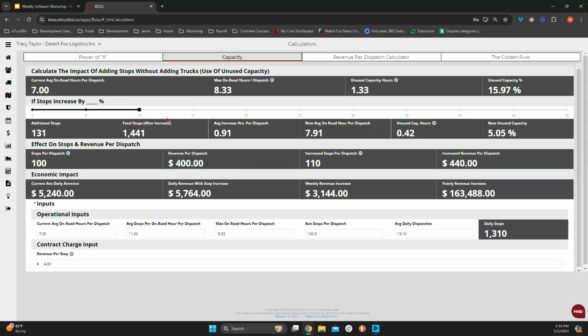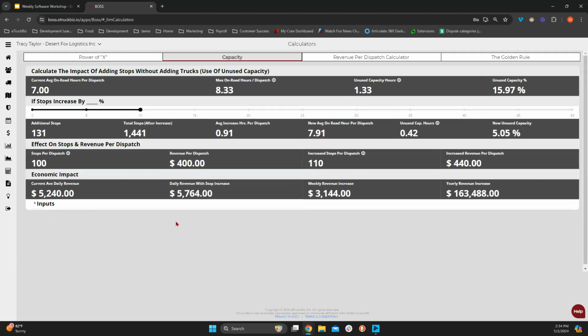And there you go. Okay. So if your stops increase by 10, you're only increasing by 10 stops per dispatch, and you've got a little bit of extra capacity, and that's still a decent revenue increase. Is that what you were looking for, Bob?